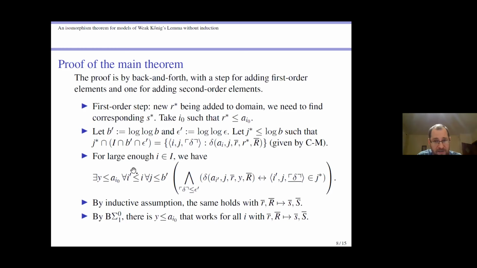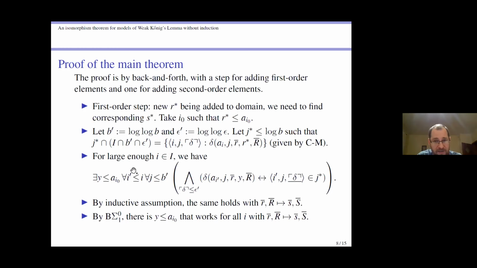So for every I, there is going to be an element below AI0, which behaves as R star does with respect to the S's.